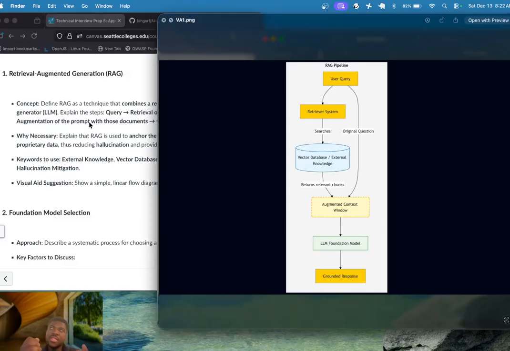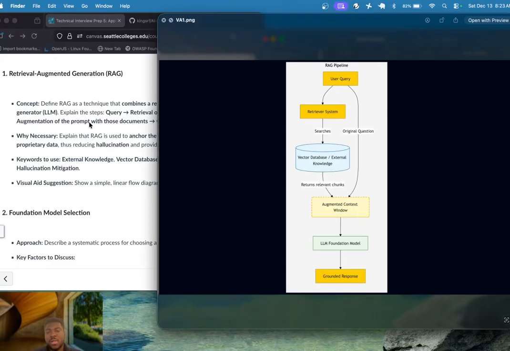This is the primary method used for hallucination mitigation, ensuring the model cites actual sources rather than inventing plausible-sounding incorrect information.